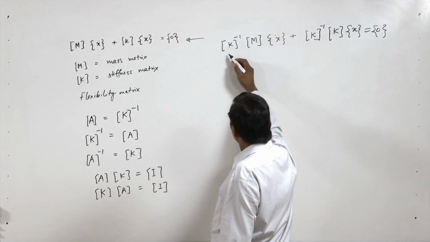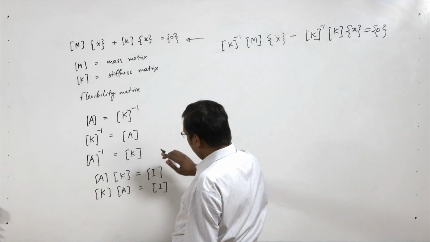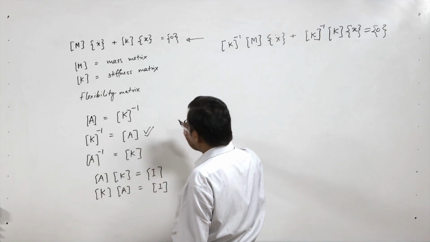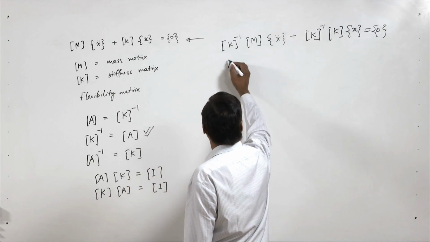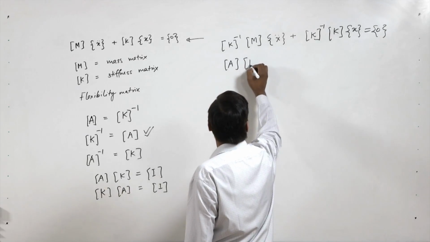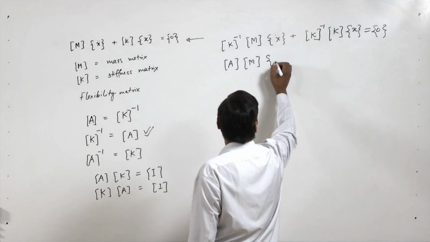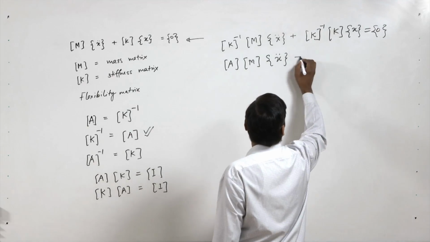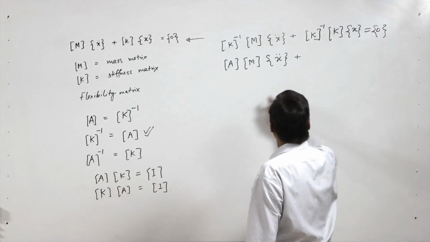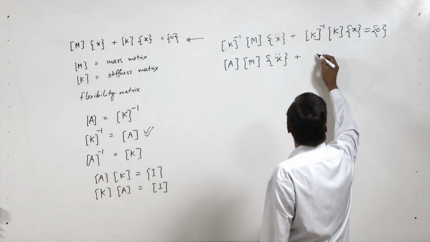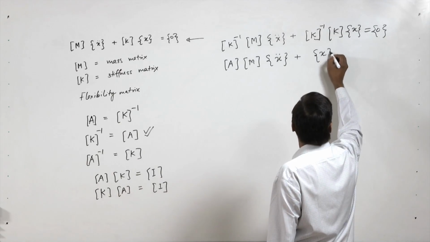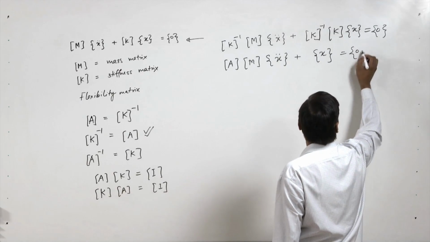Now K inverse we can write as the flexibility matrix, so this is A M x double dot plus, here K inverse into K is I, and when we multiply I with x, it is x, so that is 0.